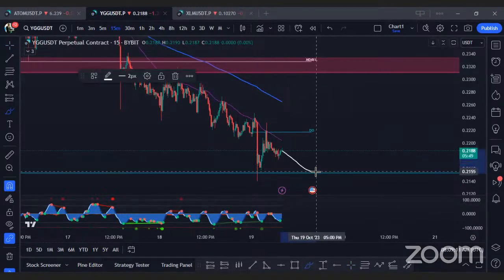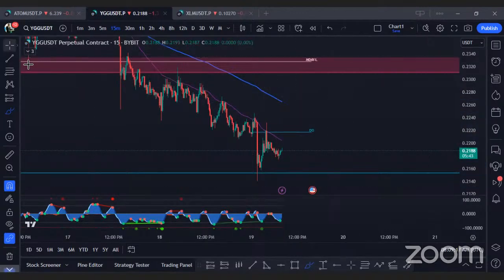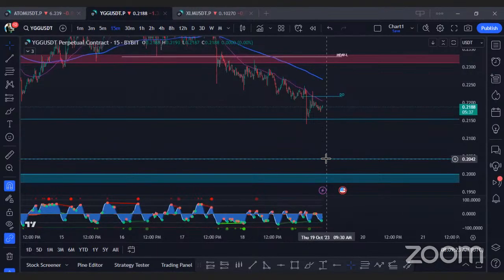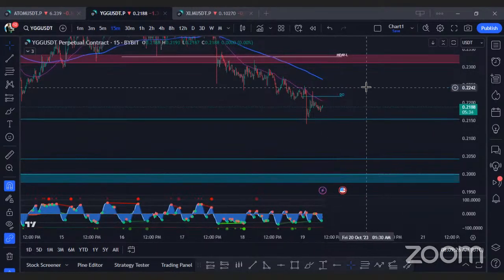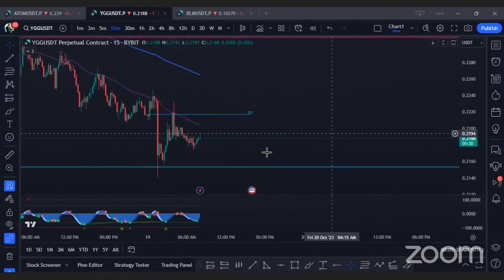That could be a good area to take a trade. But 20 cent, 19 cent are the areas I'm looking at.